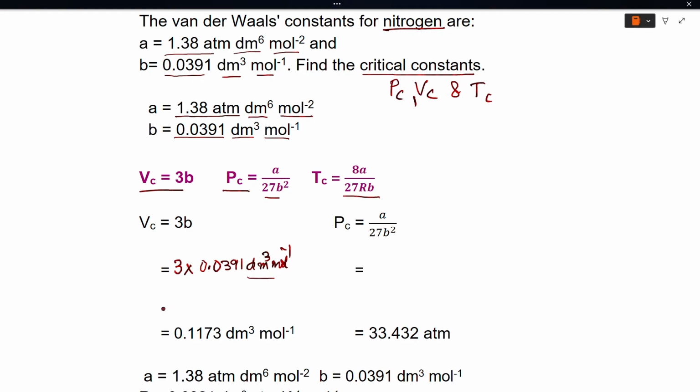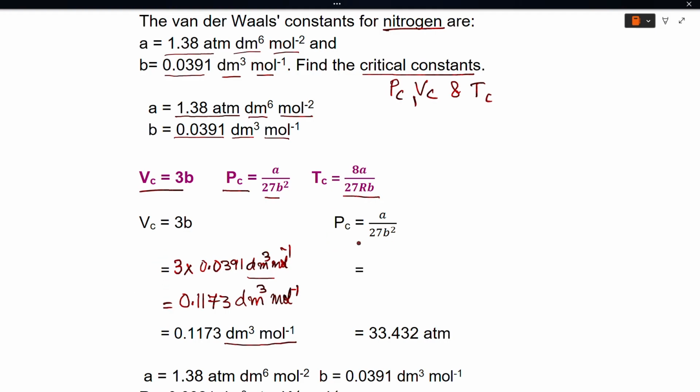You will get the unit as such, that is decimeter cube mole inverse, and by multiplying you will get the answer as 0.1173 decimeter cube mole inverse. So, that is for Vc.